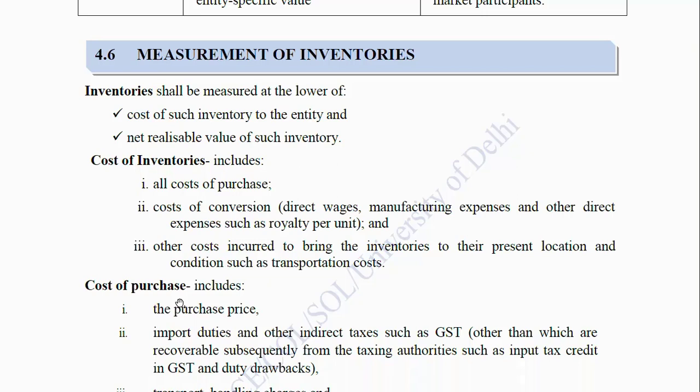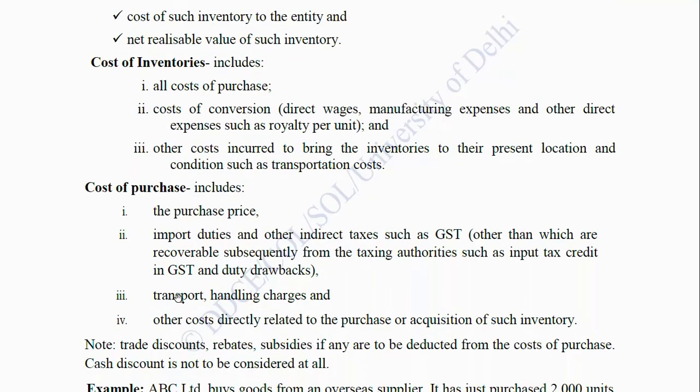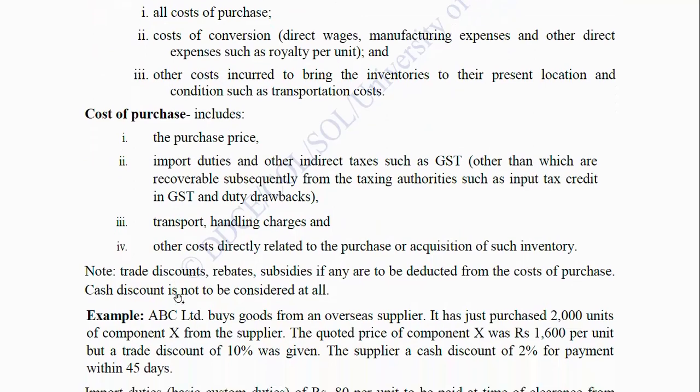such as transportation costs. Cost of purchase includes the purchase price, import duties and other indirect taxes such as GST, other than those which are recoverable subsequently from the taxing authorities, such as input tax credit in GST and duty drawbacks, transport and handling charges, and other costs directly related to purchase or acquisition of such inventory.